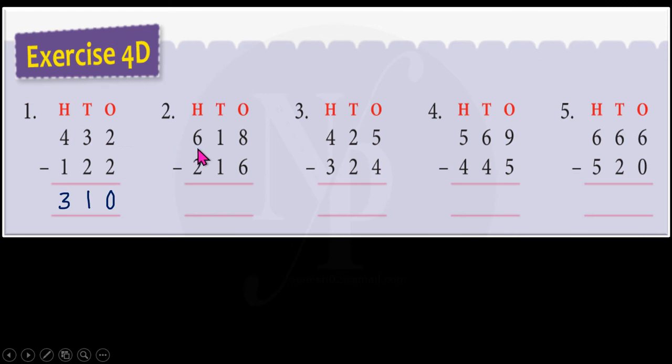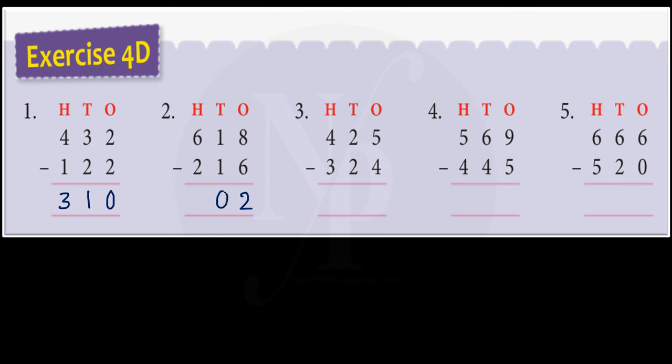Question number 2. 618 minus 216. So we subtract digits at one's place first. On subtracting 6 from 8, we get 2. That is 2 ones. At tens place, we have 1 ten minus 1 ten. Subtracting 1 ten from 1 ten, you get 0 tens or 0.